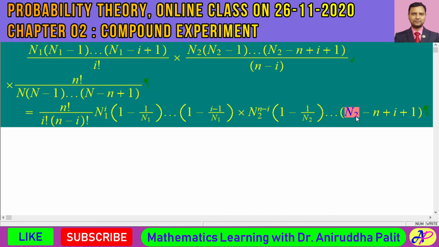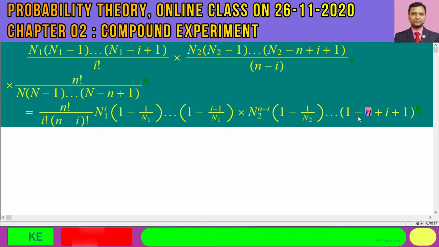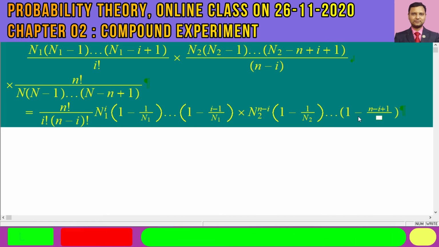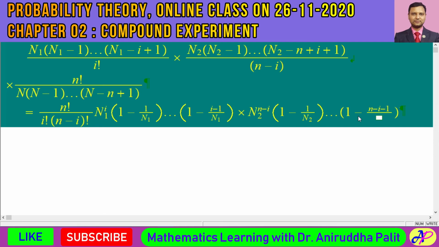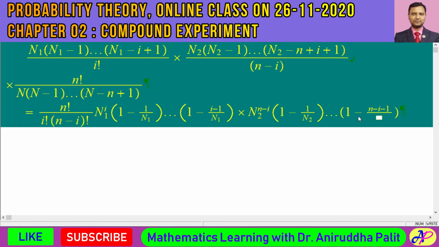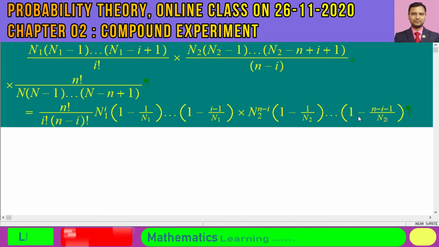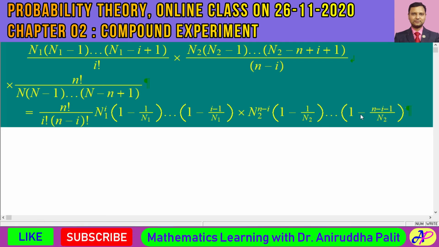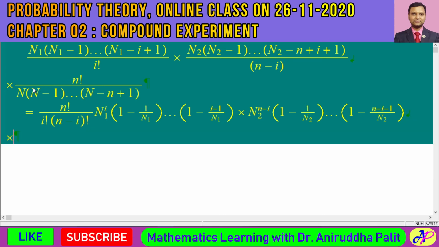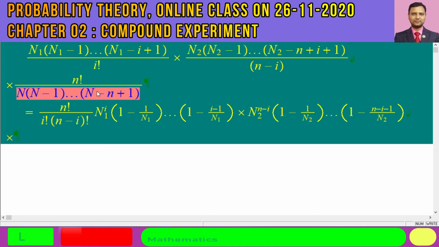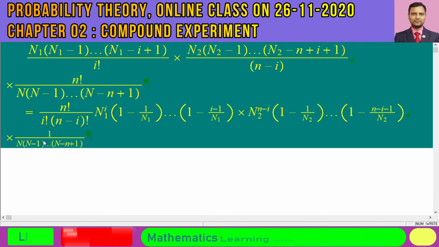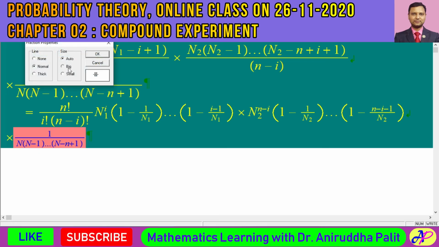In this way, finally we will have 1 minus n minus i minus 1 divided by n2. Okay, and finally this expression should be over here. If we consider 1 by this kind of expression, let me make it a bit clear.